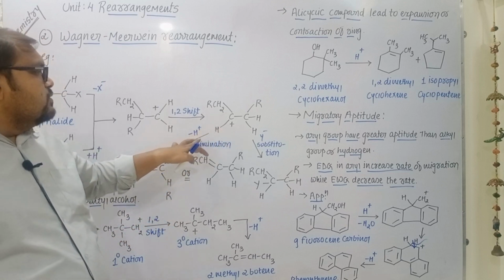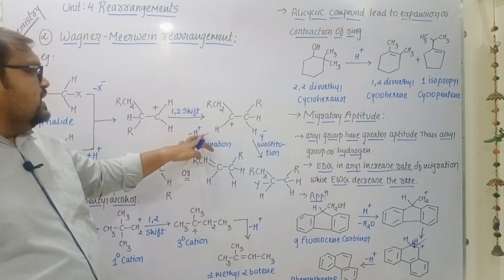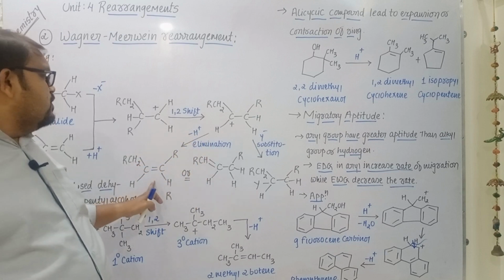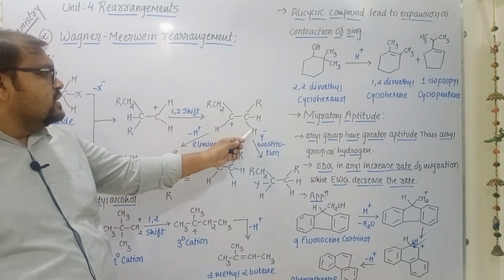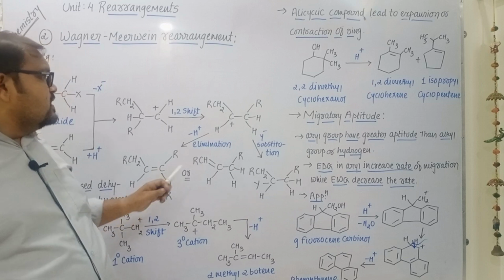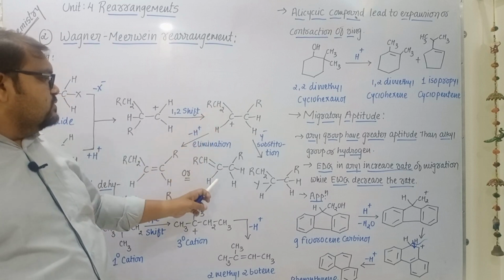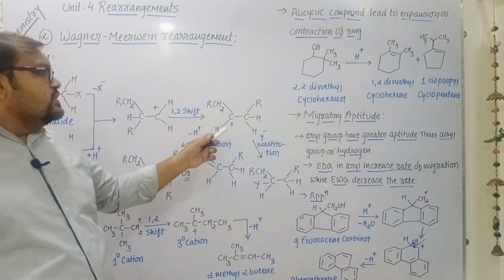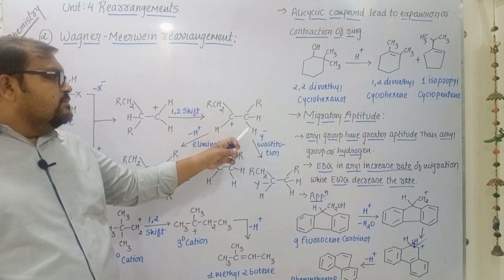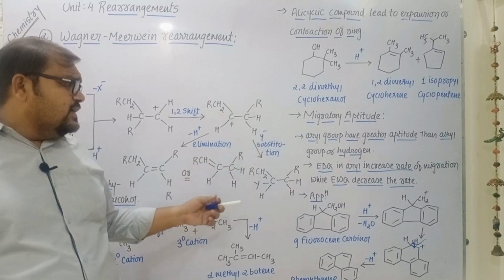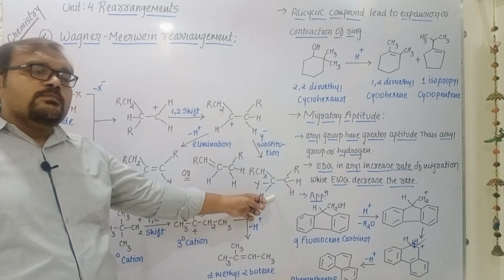Either it will undergo loss of hydrogen, or H plus ion, to give these two different types of alkene, as hydrogen can be removed either from this carbon to give this alkene, or from this carbon to give this alkene. Or this carbocation intermediate may undergo substitution by Y, any nucleophile, to give this product.